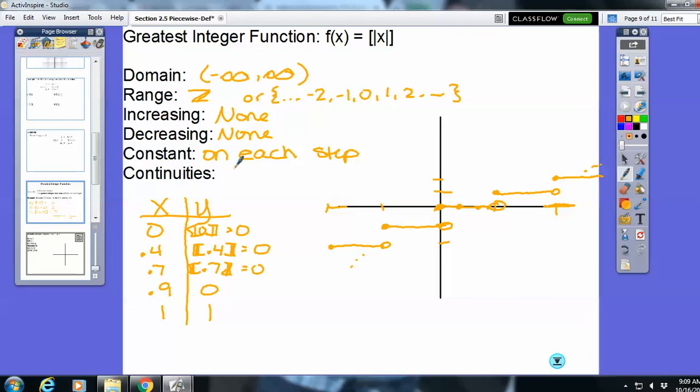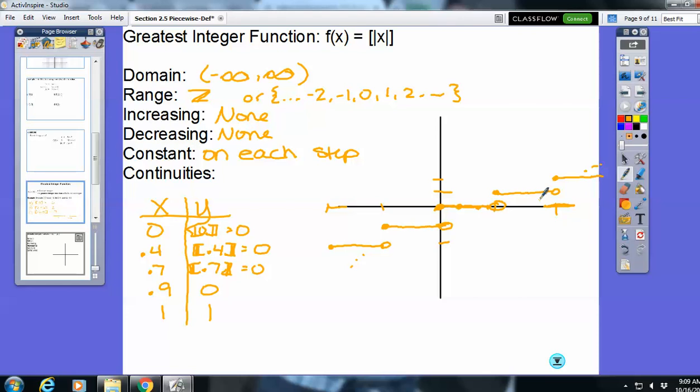And where is this continuous? In between each step. So really everywhere except the integer values, right? Like between 0 and 1 it's continuous. I can do that whole thing without picking up my pencil. But then at 1 I have to jump.